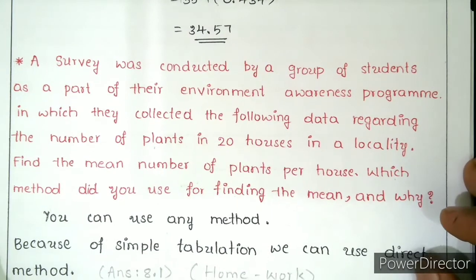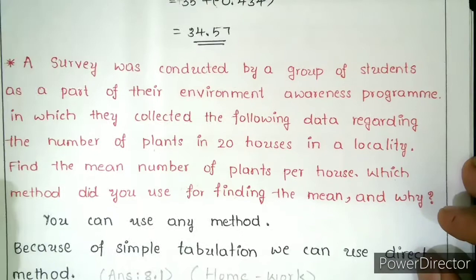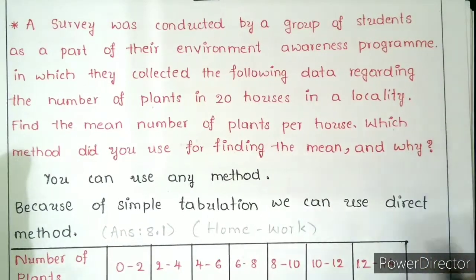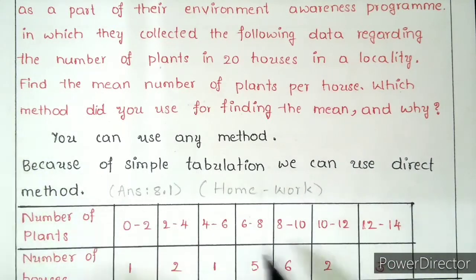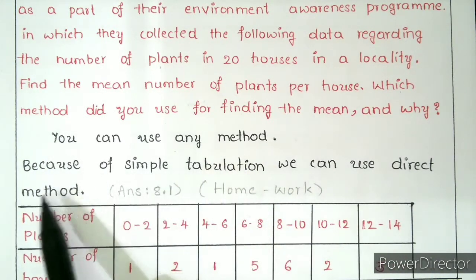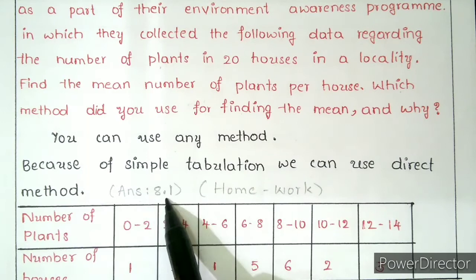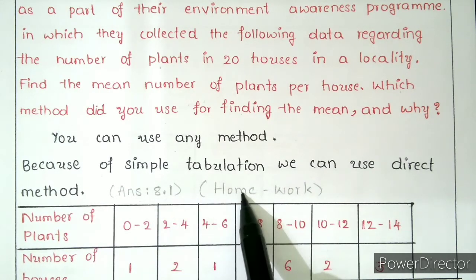You can use any method because of simple tabulation. We can use the direct method. The values are 0 to 2, 2 to 4, and the frequency is also small, so we choose the direct method. Answer is 8.1.